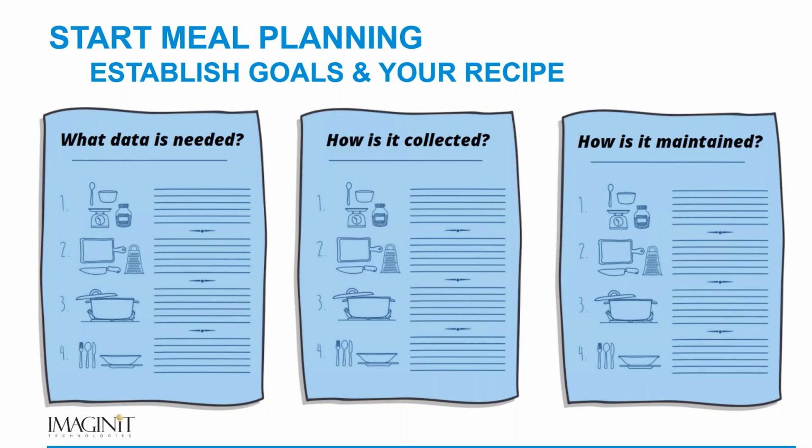The second thing you're going to look at is how it is collected. So where in the process does it happen? And as you do that, you're going to look at that list of the first part in a different light, and you might change it a little bit. The third question is the most important, which is how it is maintained. Usually when we're in a needs assessment, there's a very long list coming out of what data do we need.